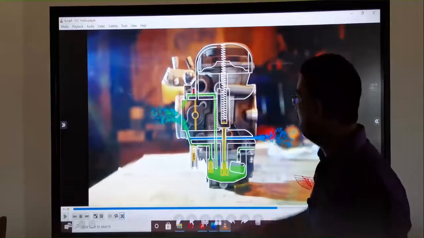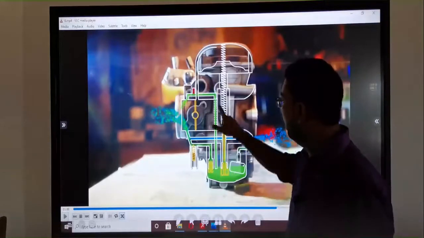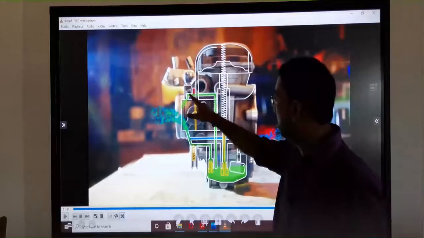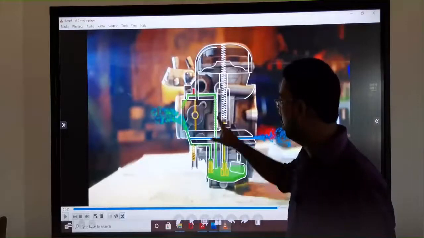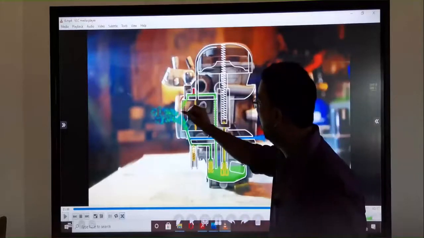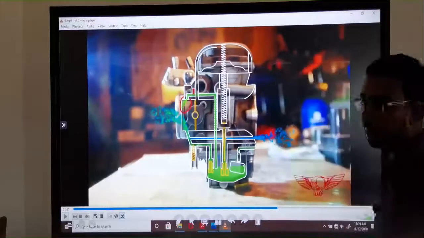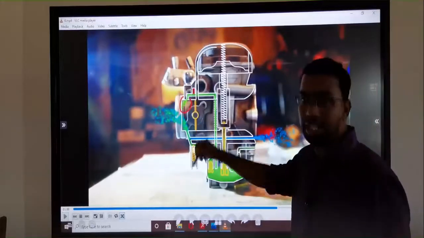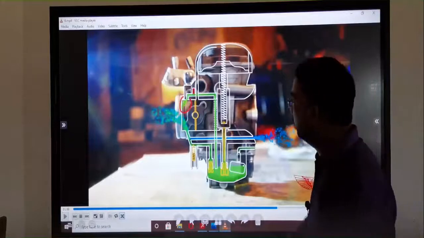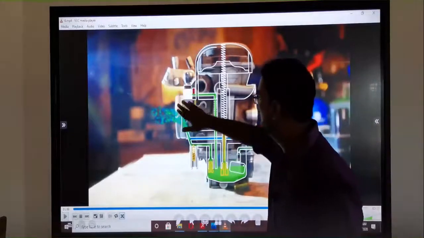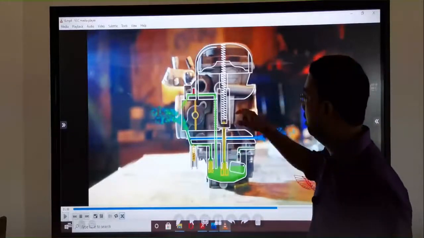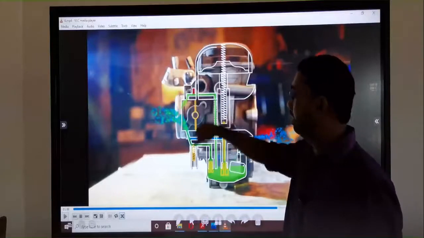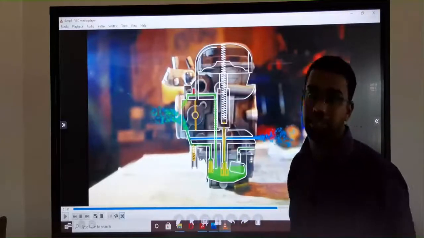When we open the choke lever, there is a separate line. The fuel comes through this line and flows after the throttle valve, like this, the idle. It is controlled with this screw and this separate pipe.